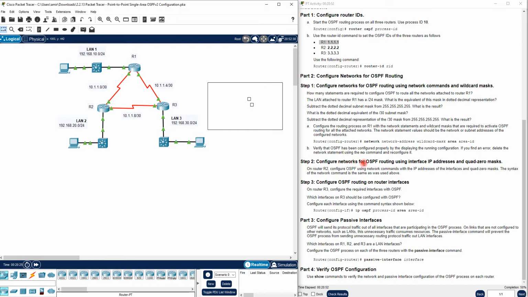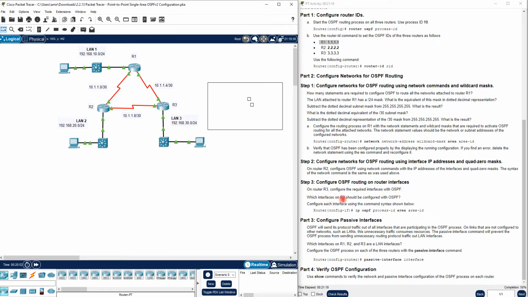Configure networks for OSPF routing using the interface IP address and quad 0 mask, that we have done. And step 3, configure OSPF routing on router interfaces. On router 3 also, we should configure the required interfaces with OSPF.